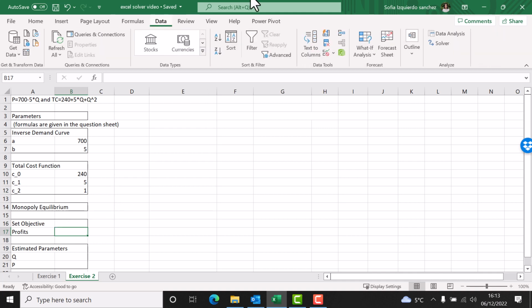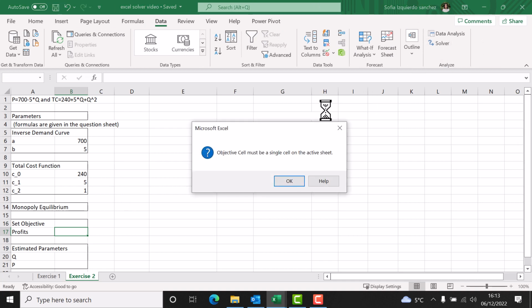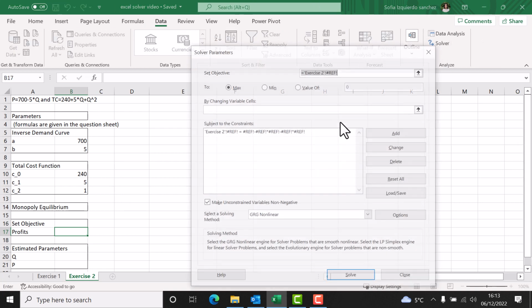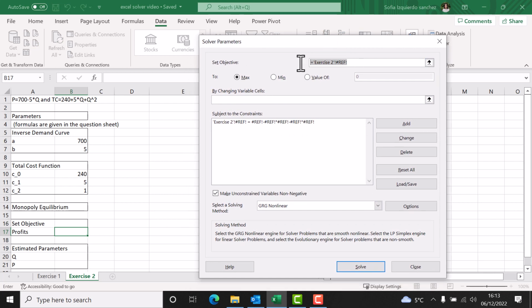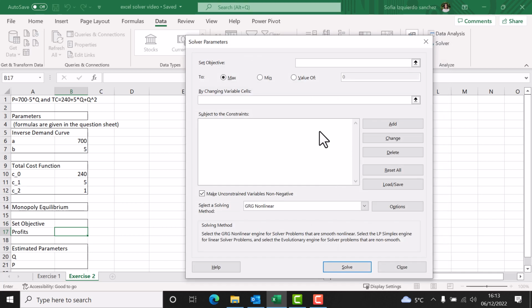Let me show you Solver first, so we see what we are going to have. Okay, so if you open Solver like this, that's what you have. If you cannot see Solver in the Data tab, then you are going to have to install it. To install it, you need to go to File, Options, and Add-ins.